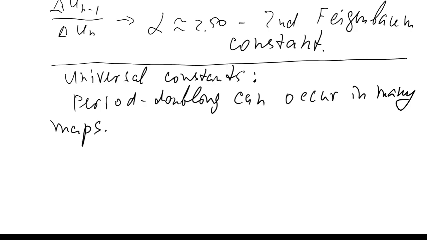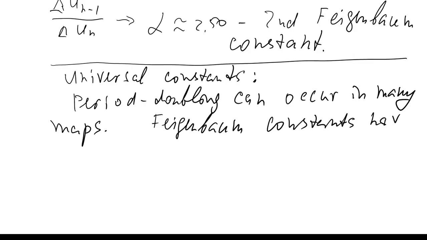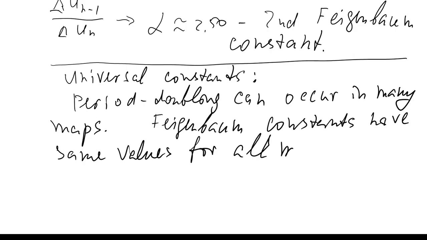And Feigenbaum constants have the same values for all maps. So this is why they are called universal constants.